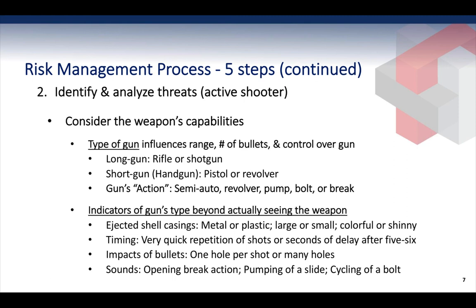The semi-auto is typically going to have the highest capacity of bullets, highest capacity of rapid fire and shooting for an extended period of time. A revolver is more likely to be anywhere from 5 to 7 shots before it has to reload.